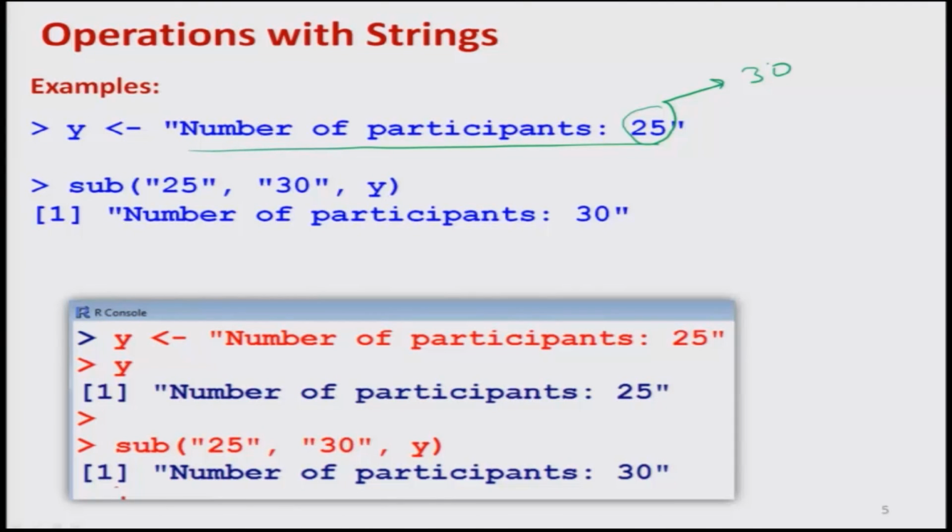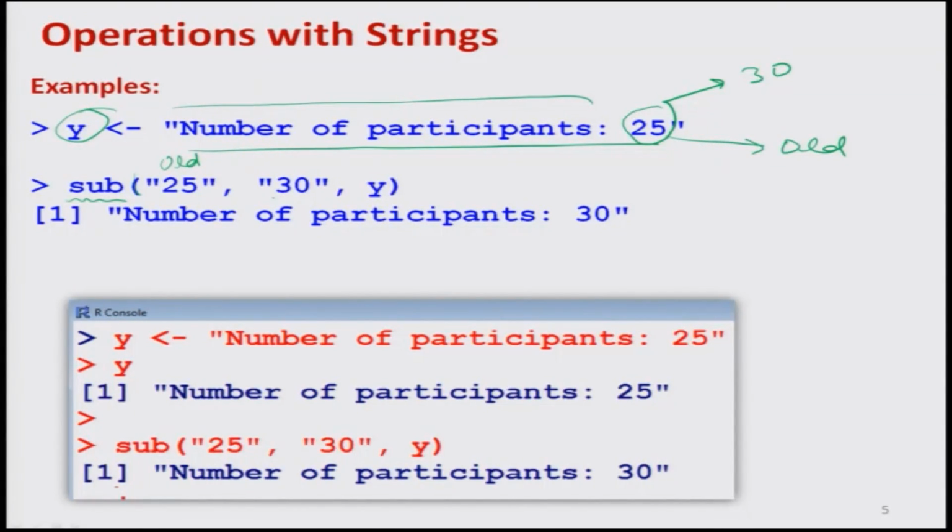So, what I would do is write sub and inside this argument I will write the older one. What is old here? That is 25. This is our old string which is existing in the string y. What is y here? y is the string in which I have stored this sentence, number of participants.